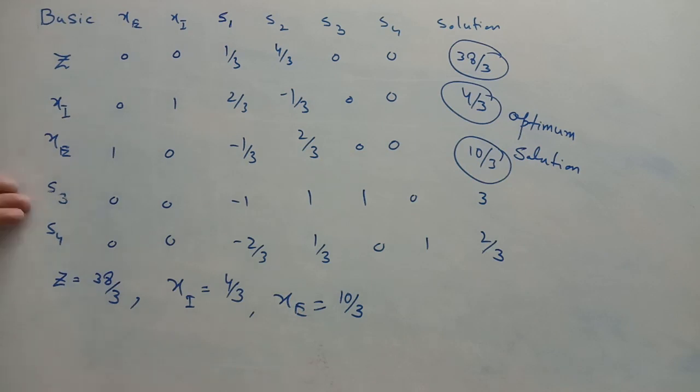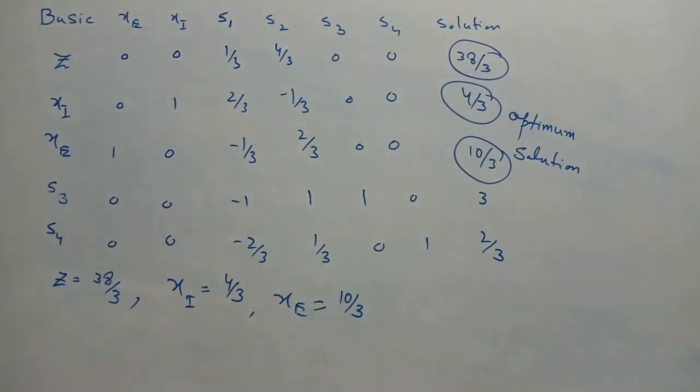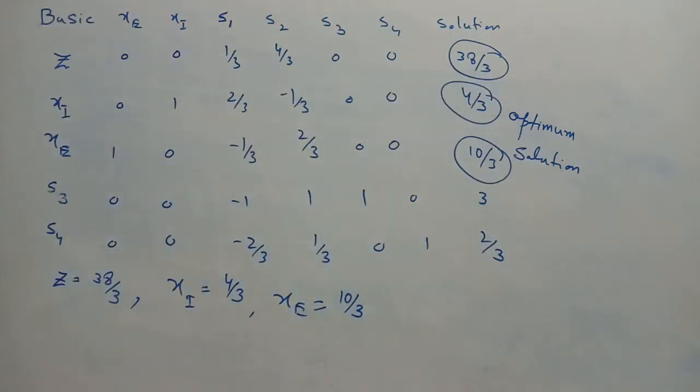You can even write down the values of S3 and S4 if you want, but there is no need, because we need only the values of the decision variables. That's why this is more than enough. But if you want, S3's solution value is 3 and S4's solution value is 2 over 3. You can, no issue at all, but it will be useless if you take these values.